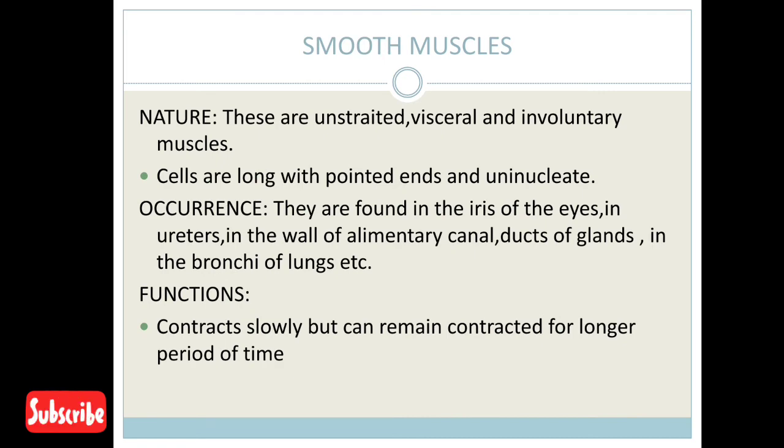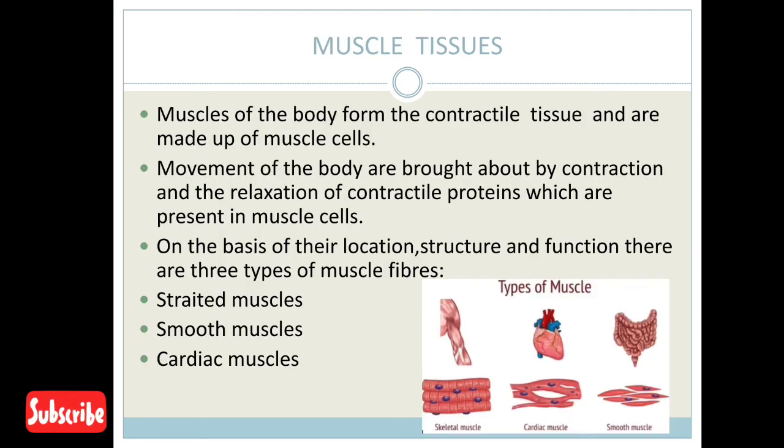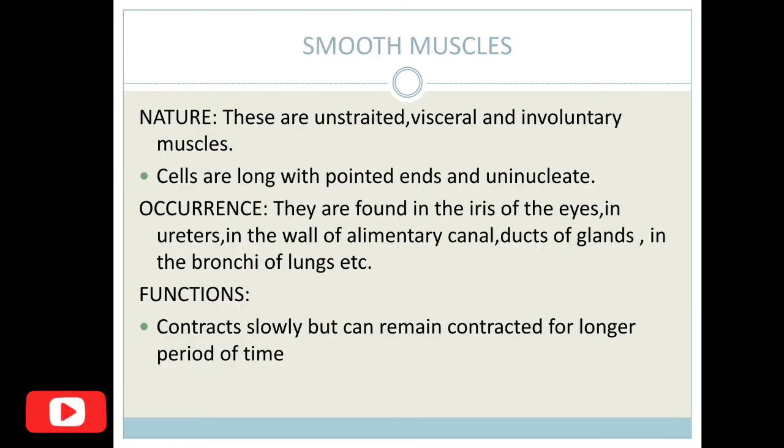Next is the smooth muscles. You can see here in the picture the smooth muscles. These smooth muscles are unstriated, visceral and involuntary, means they cannot be moved, and here the cells are long with pointed ends and uninucleate, so only one nucleus is present. These types of muscles are found in the iris of our eyes, then in the ureters, then in the wall of the alimentary canal, ducts of glands, then in the bronchi of lungs.